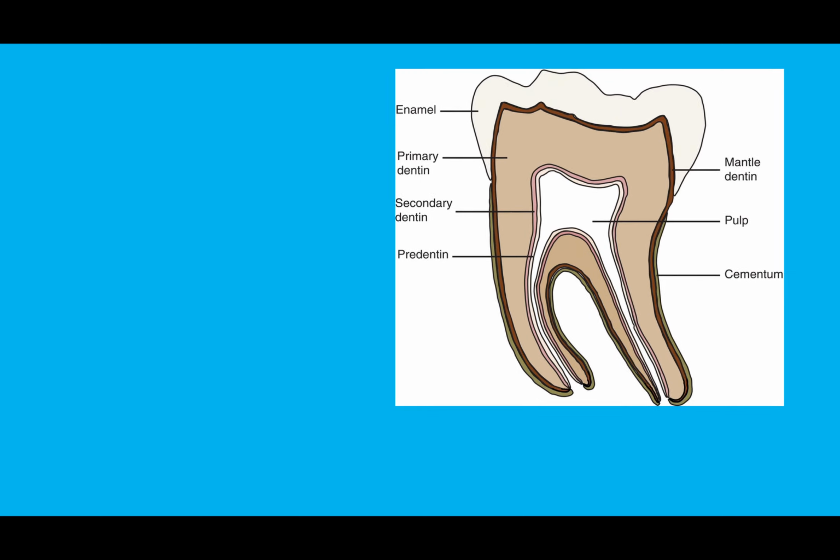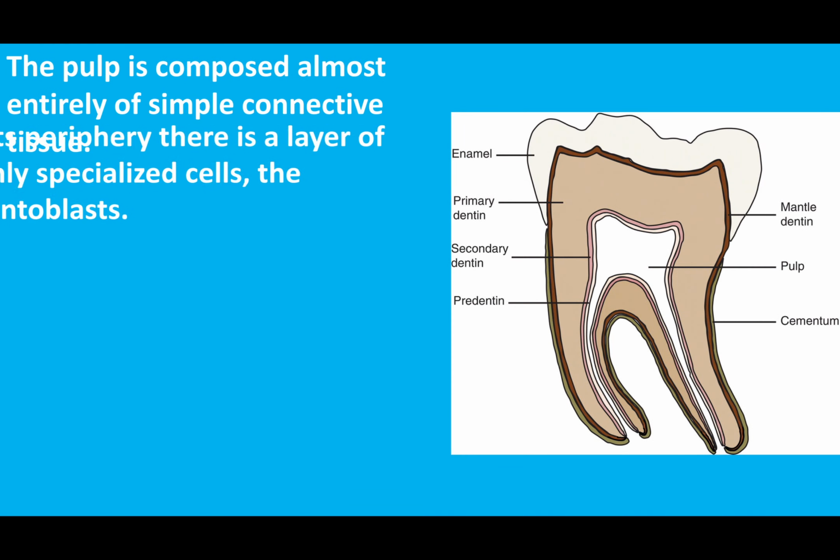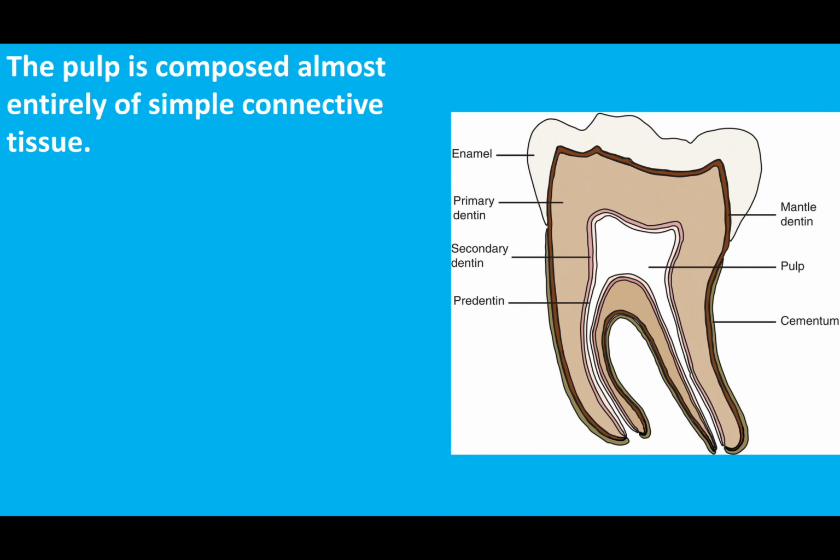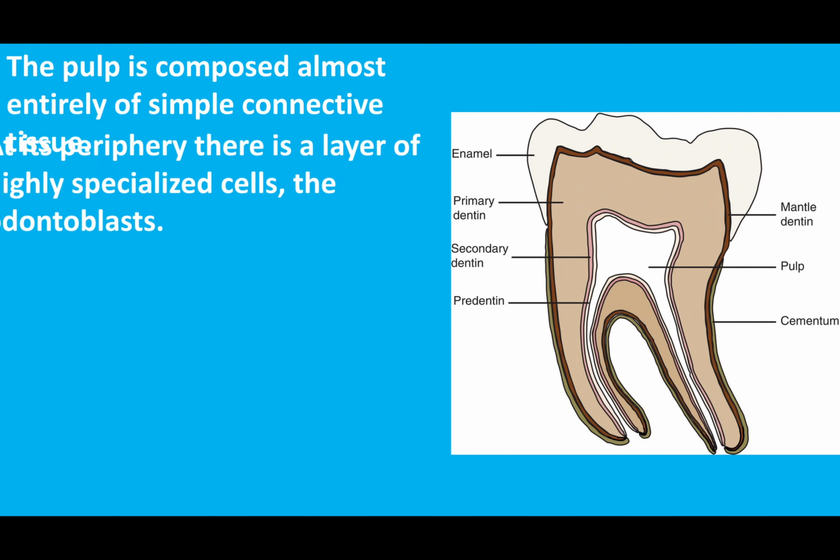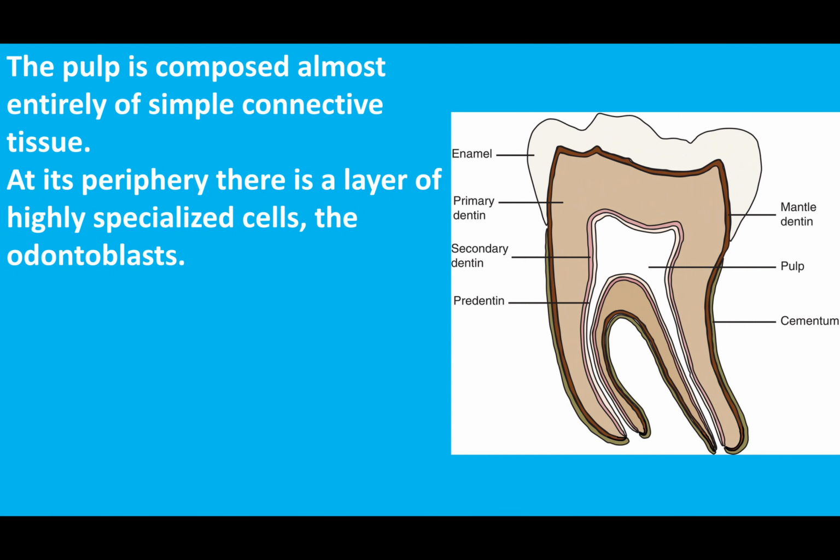The third feature of the pulp that distinguishes pulp from other tissue is that the pulp is composed almost entirely of simple connective tissue. At its periphery there is a layer of highly specialized cells, the odontoblasts.